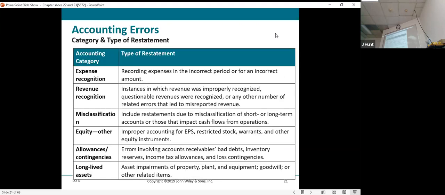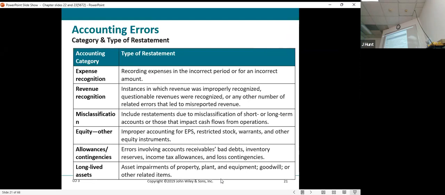So we have these errors, and what do we do with them? So this is a nice little table that tells us, for each type of accounting category, where the errors could occur, and there's a description of what could happen.